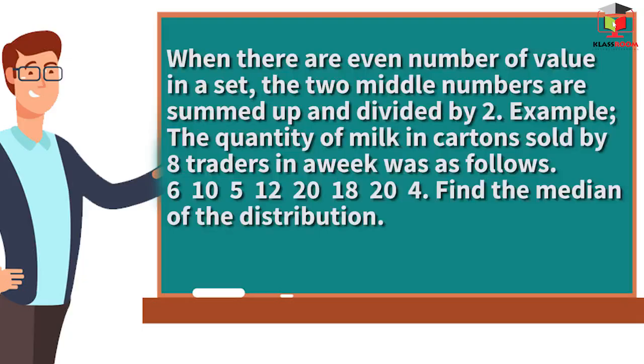When there is an even number of values in a set, the 2 middle numbers are summed up and divided by 2. Example, the quantity of milk in cartons sold by 8 traders in a week was as follows: 6, 10, 5, 12, 20, 18, 20, 4. Find the median of the distribution.